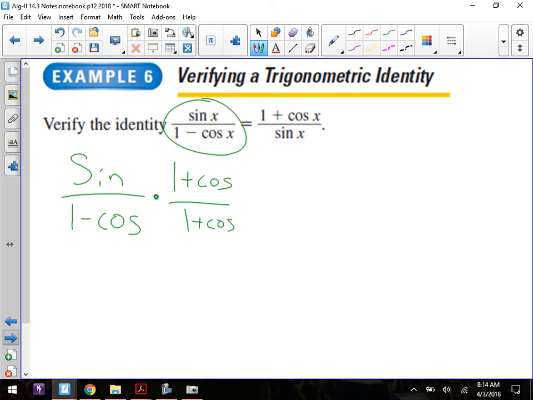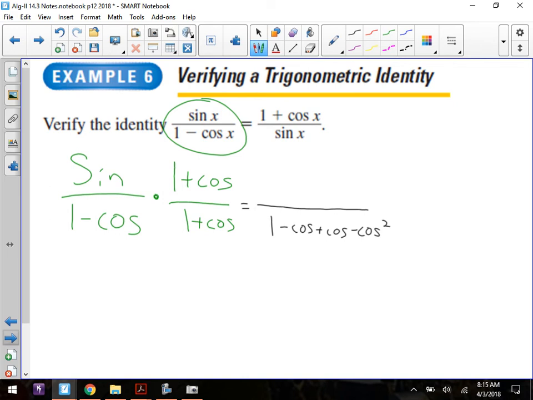So if I FOIL out the denominator, I'll get 1 minus cosine plus cosine minus cosine squared, which is 1 minus cosine squared.